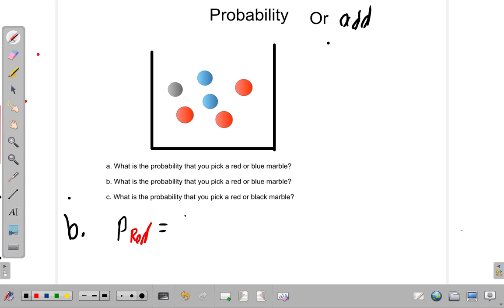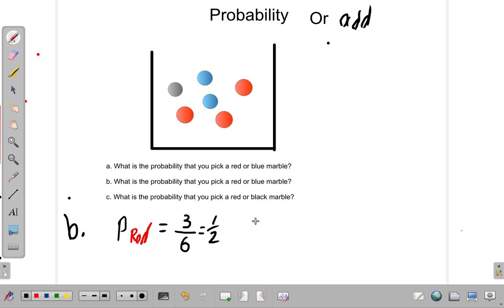You do have 3 red marbles, yes, but the total number of marbles that you have now is not 5, it's 6. So it is 6 marbles. 3/6 is the same as what? Half. So the probability of it being a red is a half.